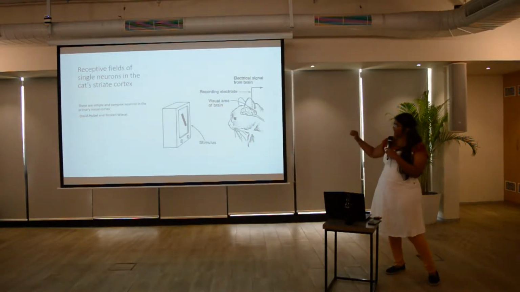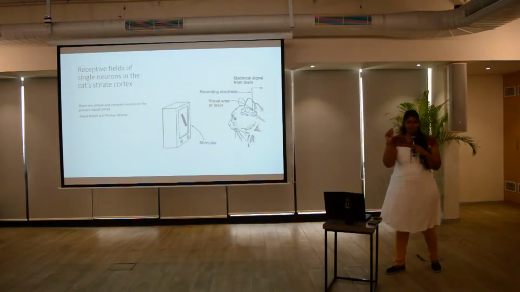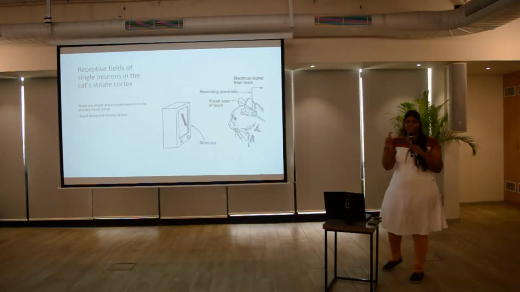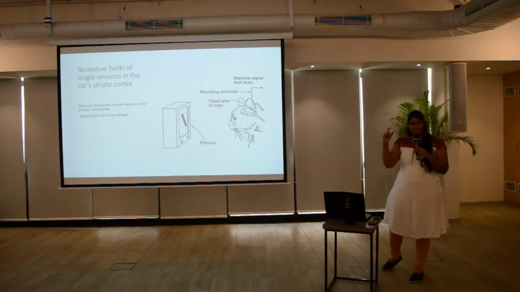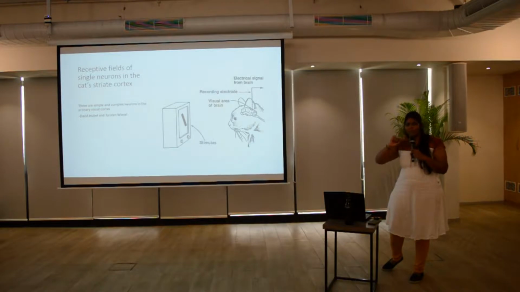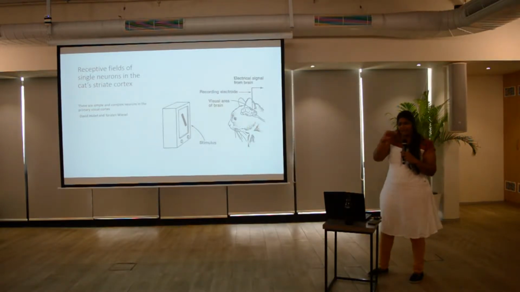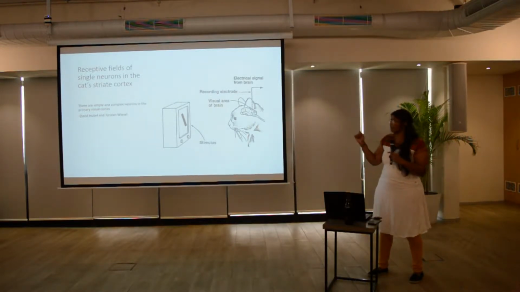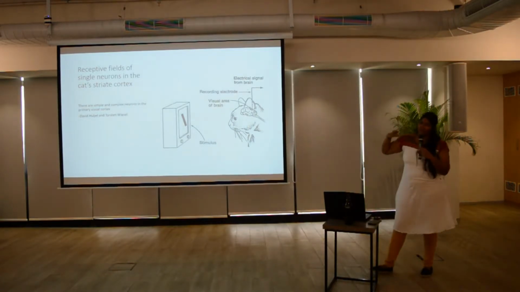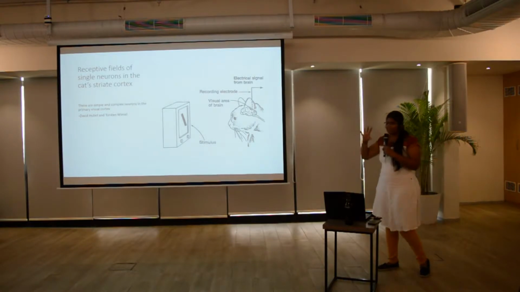Whenever that line came about, one particular neuron got activated. So this led them to think that it's not that the brain cells are excited by an overall image, but that one particular edge being moved across, that one line, was exciting a particular neuron, and that is what is making the images.